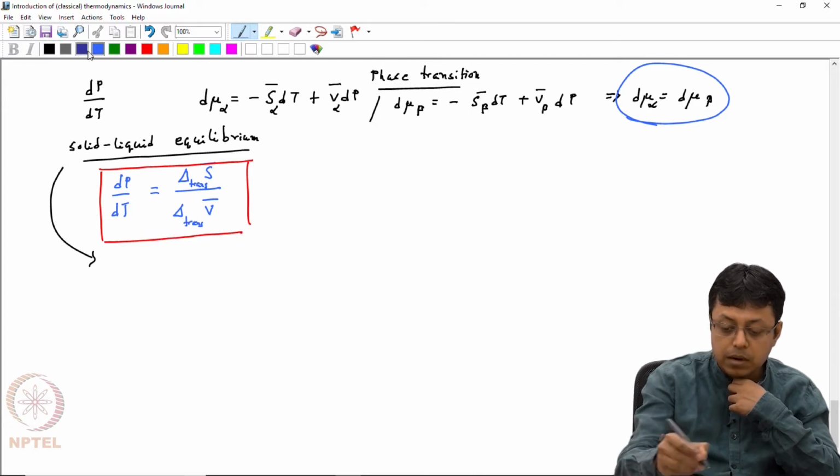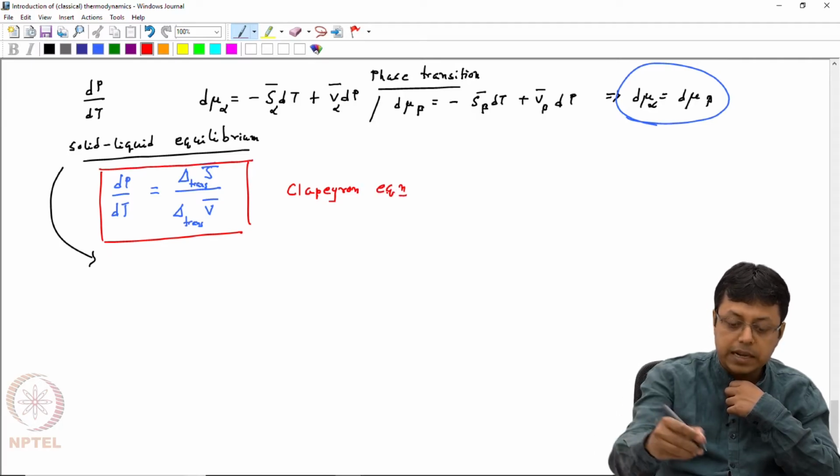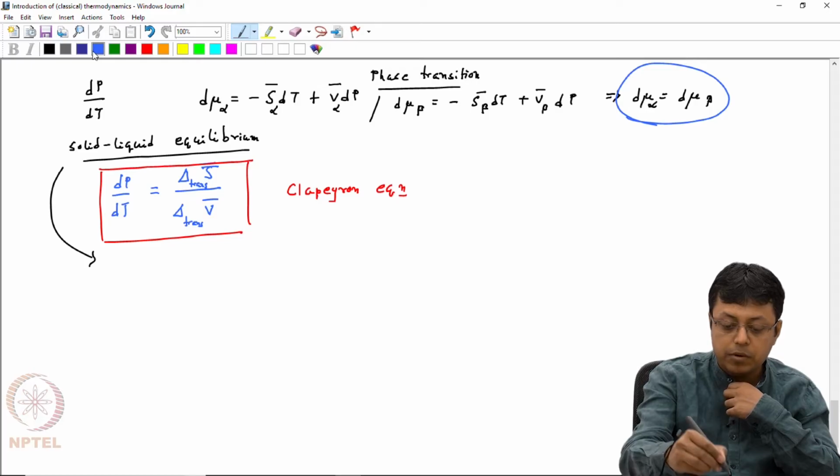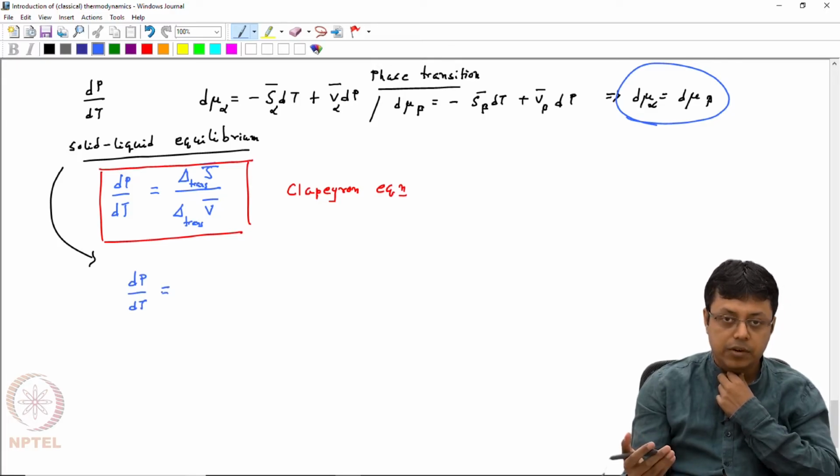There is an S bar, don't forget, it's a molar quantity. The Clapeyron equation takes different forms for different equilibria. For solid-liquid equilibrium, dP/dT will be delta S fusion.